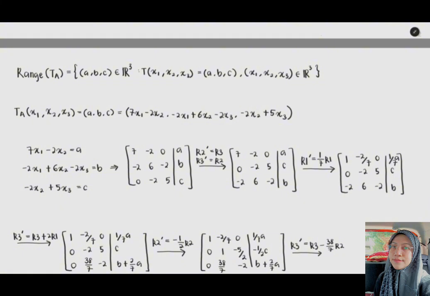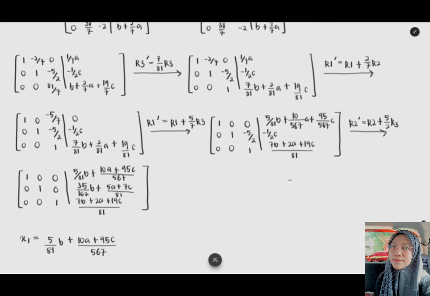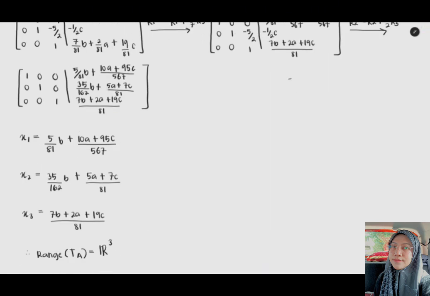Then, second step, we form the augmented matrix of A equals the scalar vector and find the RREF matrix using row operations same as earlier. So, the range of TA is equal to R3.